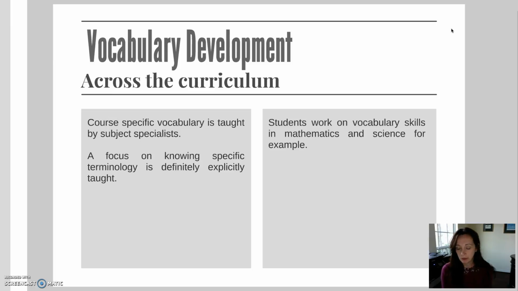For example, the teacher spoke about how in mathematics they're definitely ensuring that the children know what all of the terminology means, and in science likewise, so that when a new word comes up, the specific vocabulary is being taught so that the children are not getting lost in a sea of technical vocabulary that they don't understand.